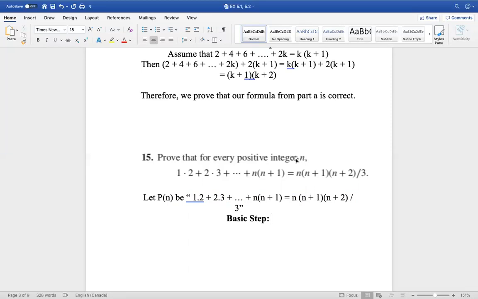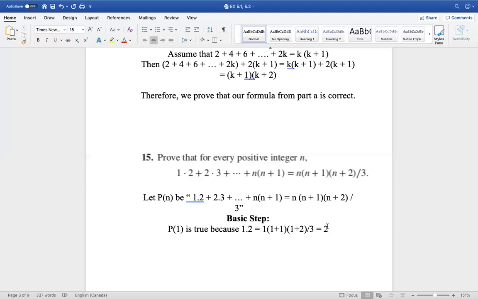So we'll do that for P(1). P(1) here is true because 1.2 equals, we take only the first term, equals 1 into 1 plus 1 into 1 plus 2 divided by 3, which is equal to 2, right?